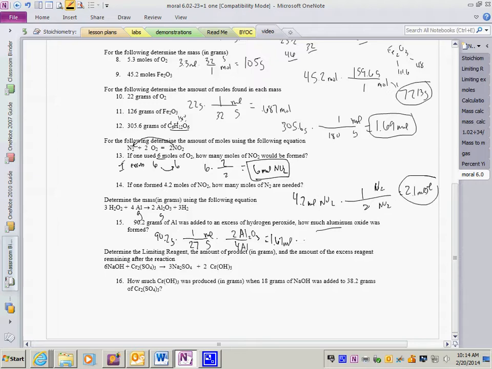And then if I want to get out of the moles and back to grams, which questions quite often ask, I would need to add up the molar mass of Al2O3.